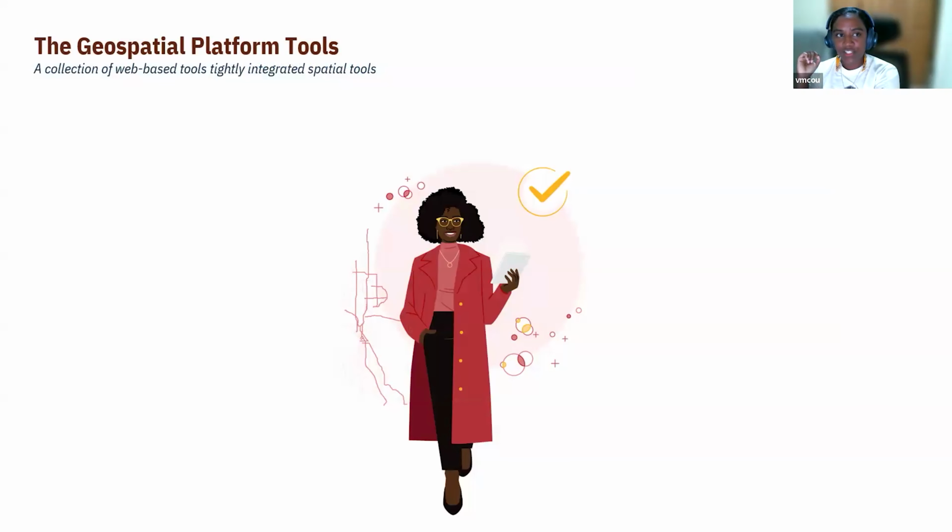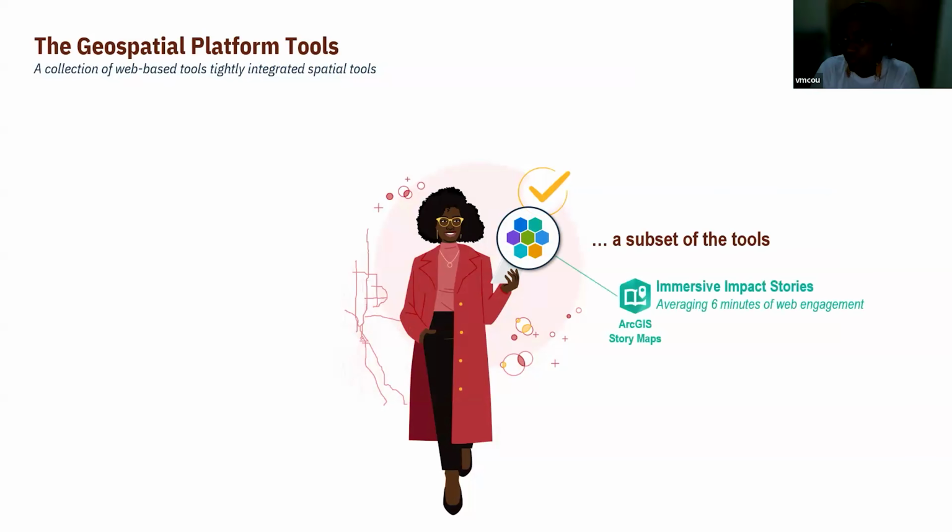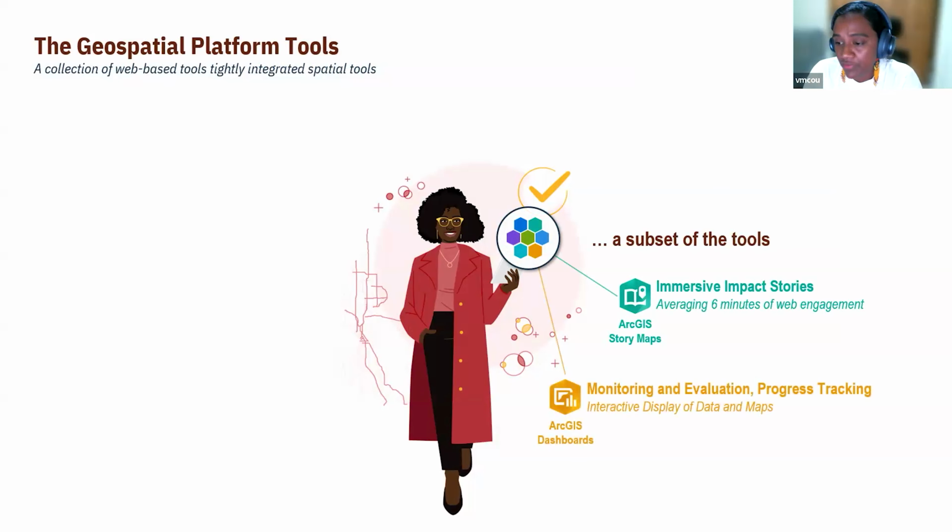I will be passing it to Angel to do her demo, which will talk about the different geospatial product overview. There are so many tools in the ArcGIS world, and if you've ever used any of them, they can do so many things. You have one of my favorite impactful stories using ArcGIS StoryMap. You have monitoring and evaluation with ArcGIS Dashboard.